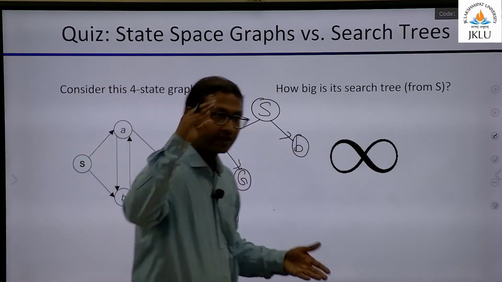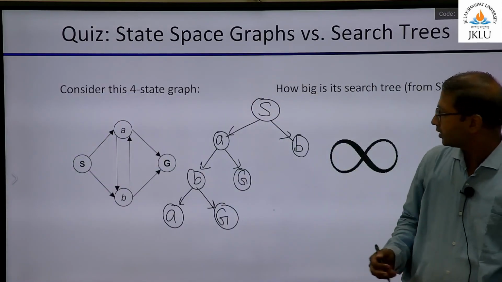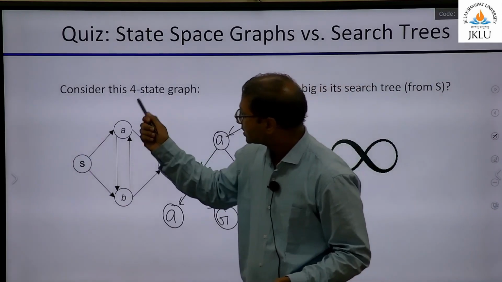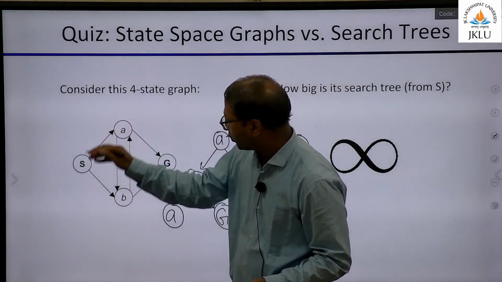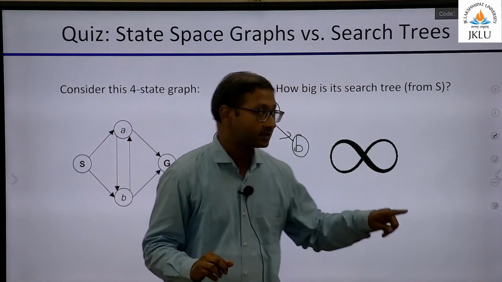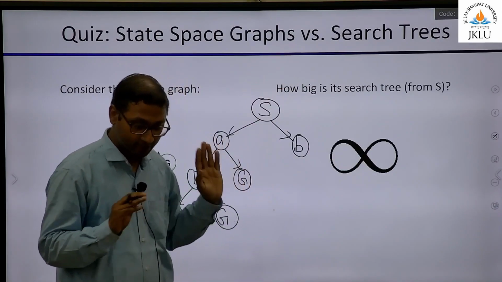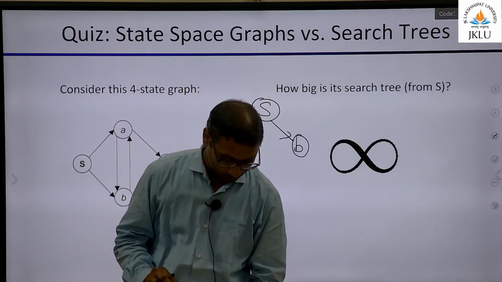So this is an infinite tree. The state space graph is just 4 nodes big, but the search tree is infinite. So something is wrong. What is wrong?